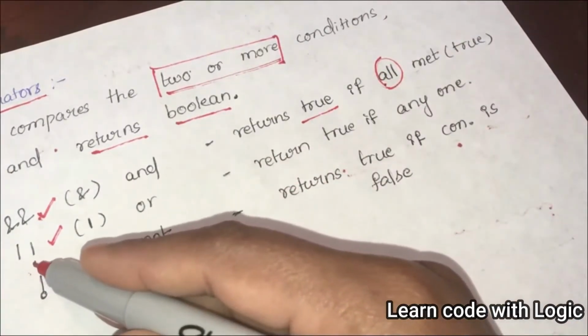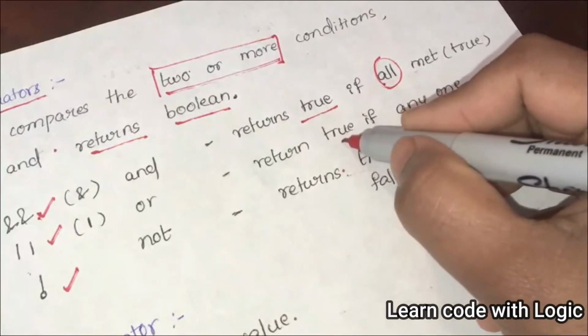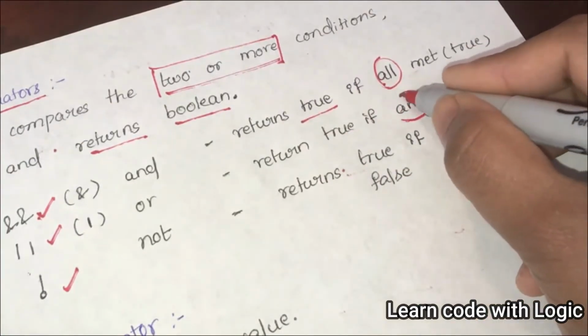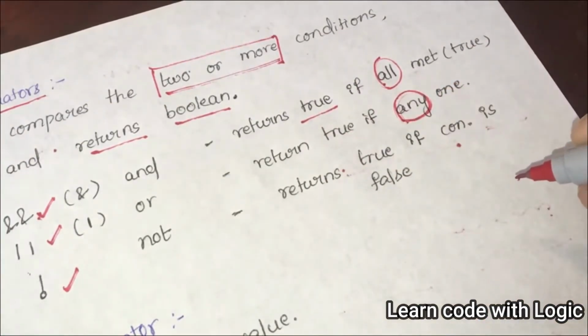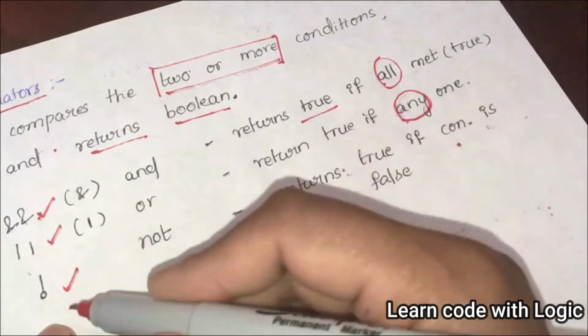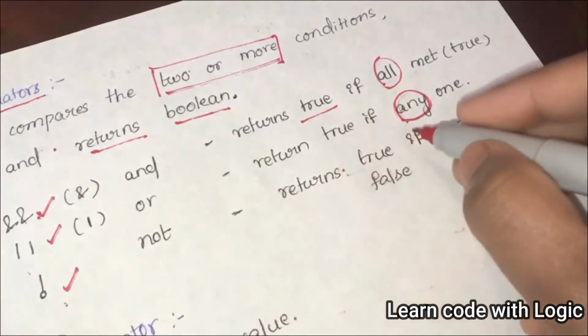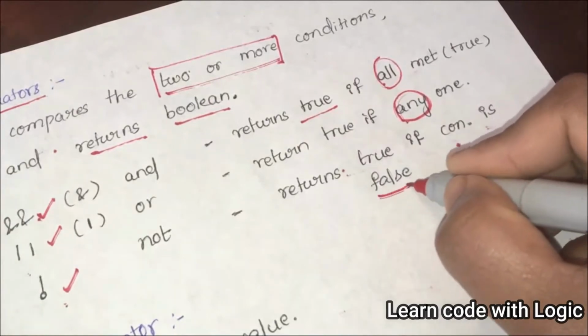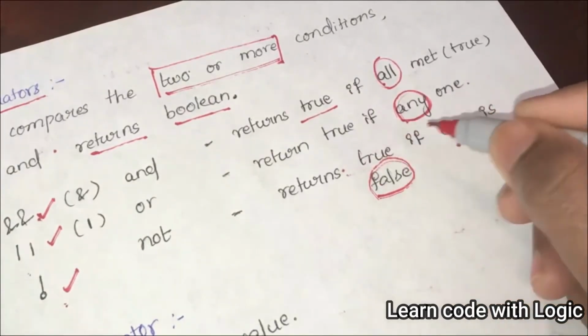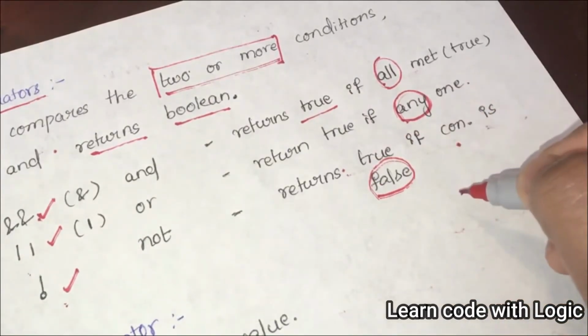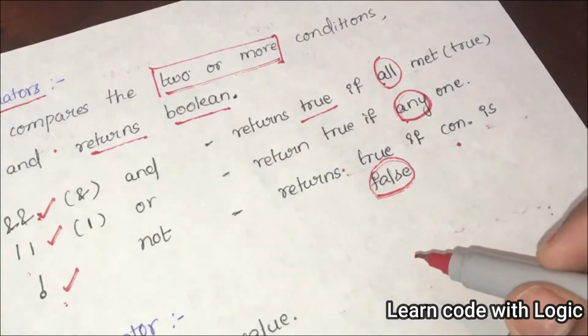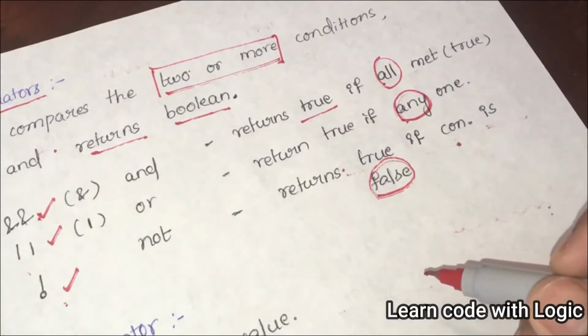Or, this is the symbol for or, returns true if any one condition among them is true. And the next one is not. It returns true if the statement is false, and it returns false if the statement is true. This one is very useful if you want to do more comparisons.